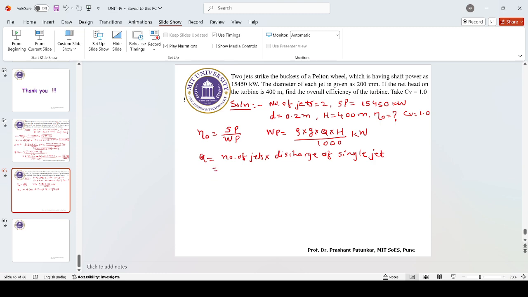So number of jets, I know that two jets are used, and discharge is nothing but the area of the jet into velocity, that is v1. Okay, v1 is not known to me, so I need to find out v1, the velocity of the jet. So v1 is equal to Cv into under root of 2gh.